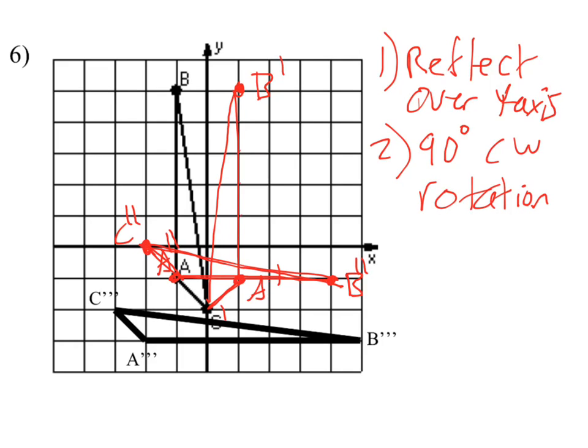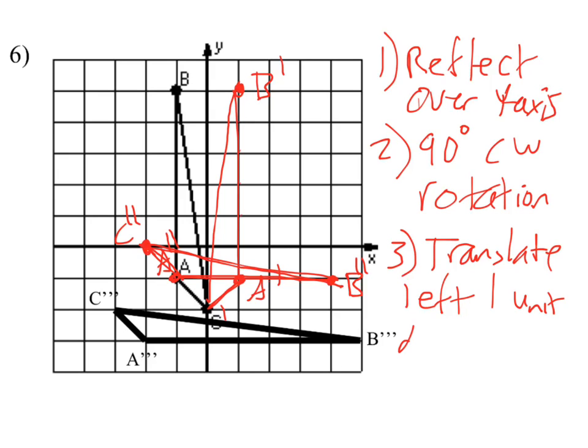And I need to take it and shift it, looks like left 1, down 2. So that's going to be a translate. Translate left 1 unit, down 2 units.